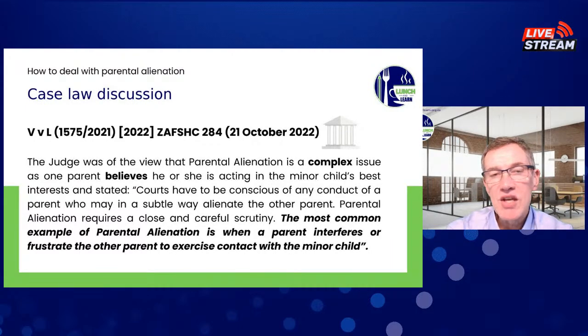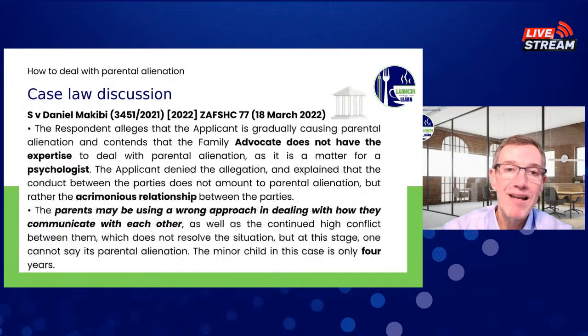The judge mentioned that the most common example of parental alienation is when a parent refuses or frustrates the other parent's exercise of contact with a minor child. So once again, we come back to parental responsibilities and rights, the visitation rights that are curtailed by using these methods of parental alienation as a form of punishment towards the other parent.